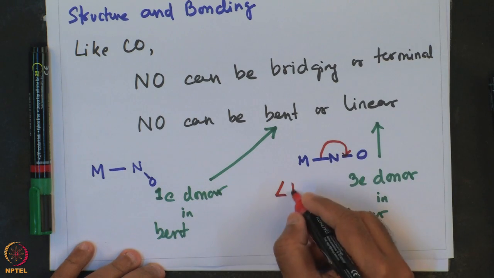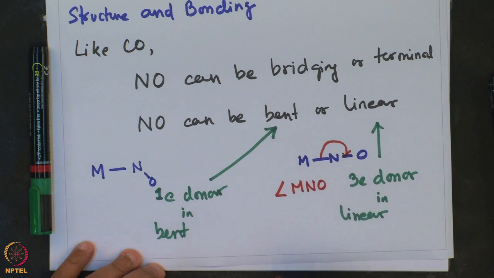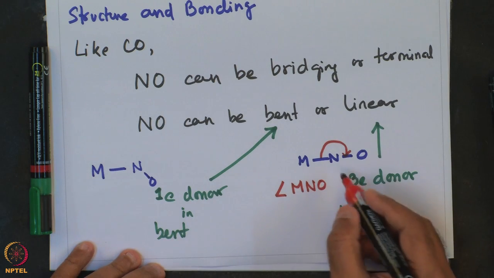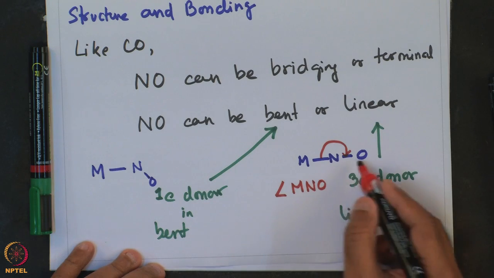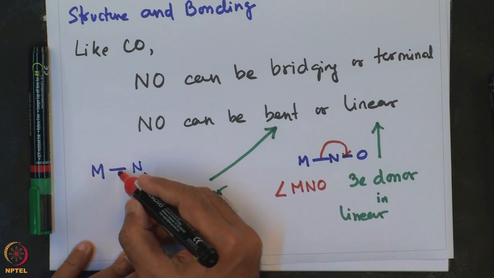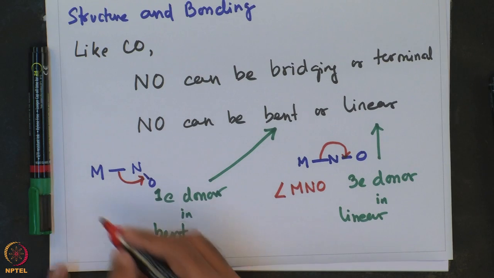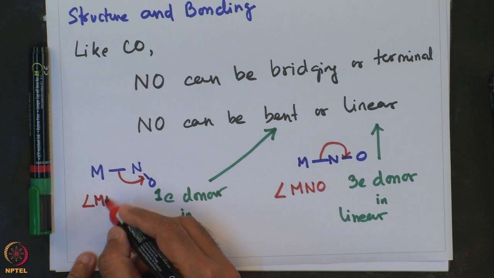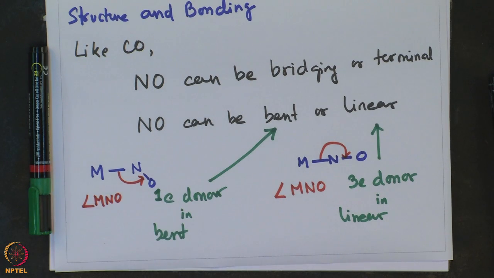angle MNO, which is around 180 degrees for the linear ones, and the same angle MNO would be significantly smaller than 180 degrees if it were a bent binding.